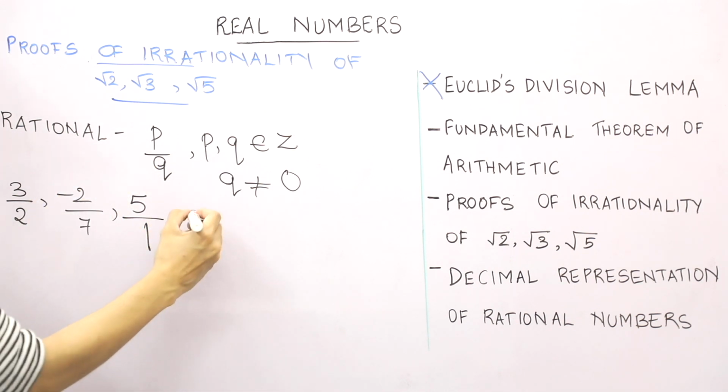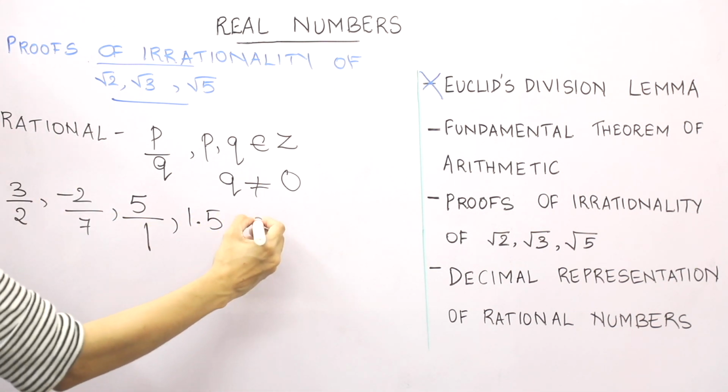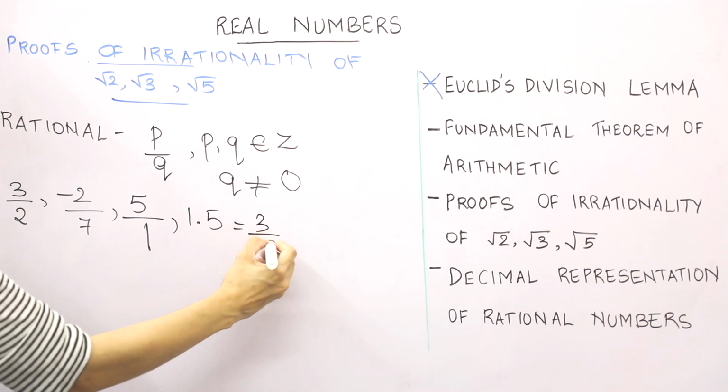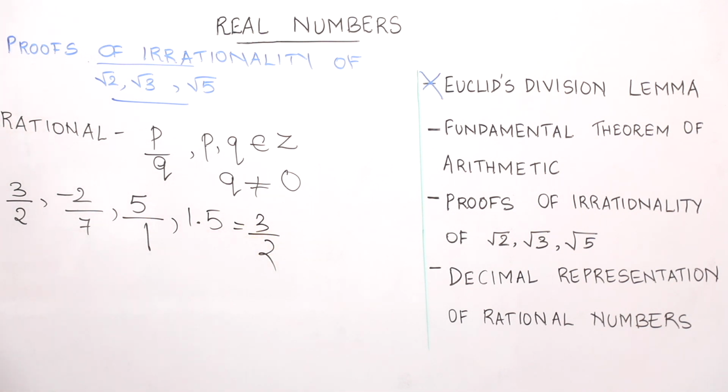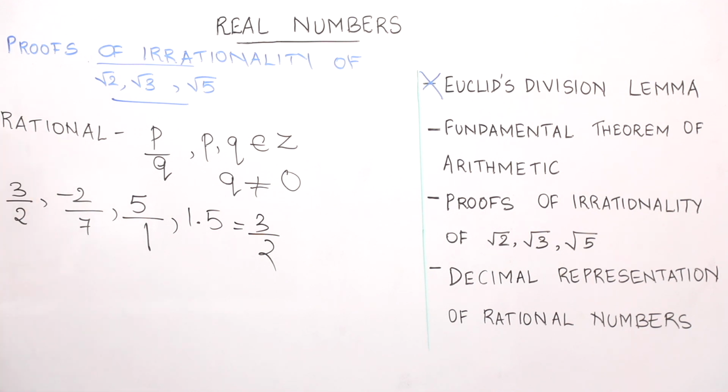Even decimal numbers like say 1.5 is a rational number because it can be expressed as 3 by 2. So any number which can be expressed in the form p by q, where p and q are integers and q not equal to 0 is a rational number.